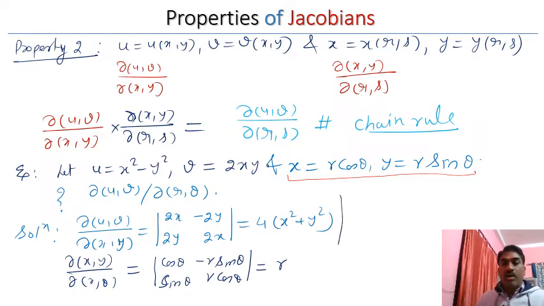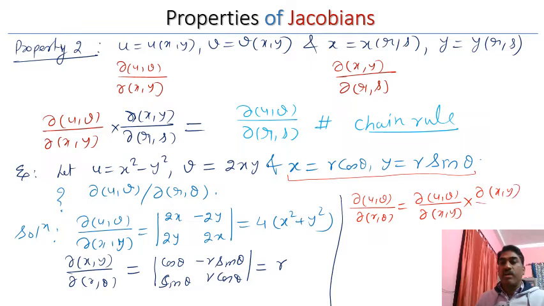So now how to find the Jacobian of uv with respect to r theta? So using this chain rule, chain rule is still with you. So the Jacobian of uv with respect to r theta is equal to the Jacobian of uv with respect to xy into the Jacobian of xy with respect to r theta.